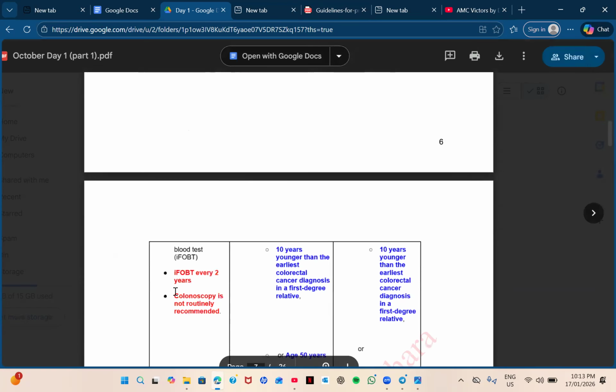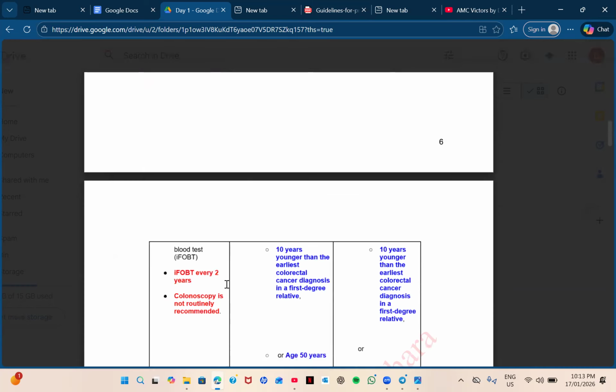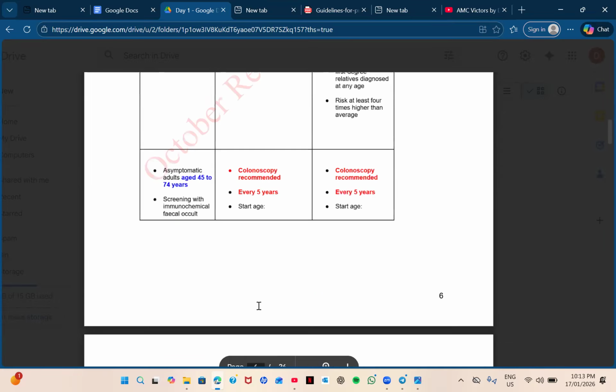So please remember, iFOBT every 2 years, starting from 45 till 74, and there's no indication of colonoscopy in average risk people. There's no indication, so you have to remember this.